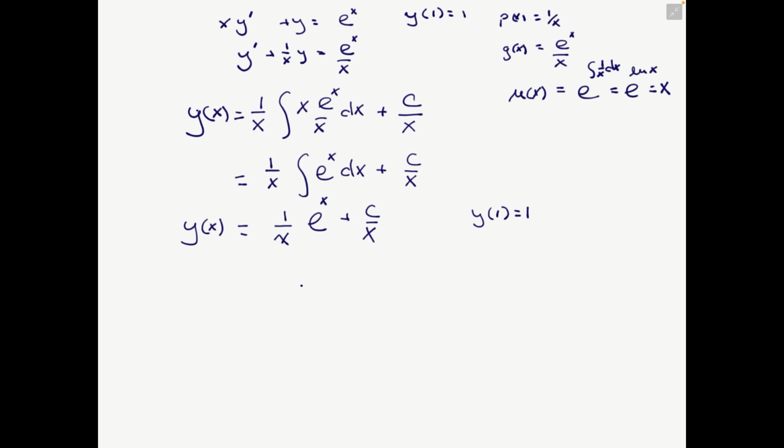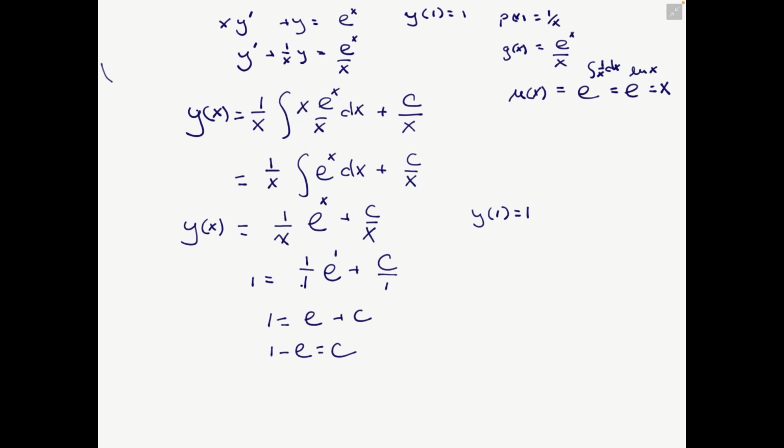And we're given y of 1 equals 1. So we have 1 equals 1 over 1 e to the 1 plus c over 1. 1 equals e plus c. 1 minus e equals c.